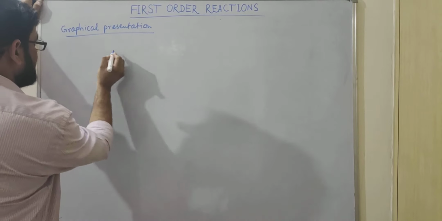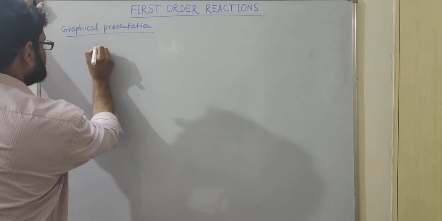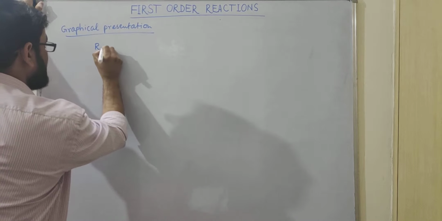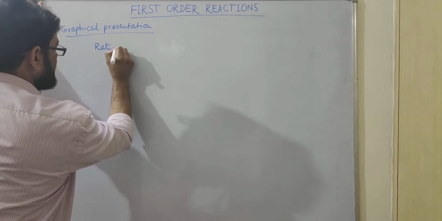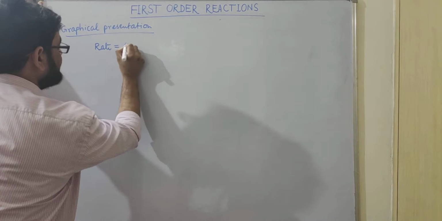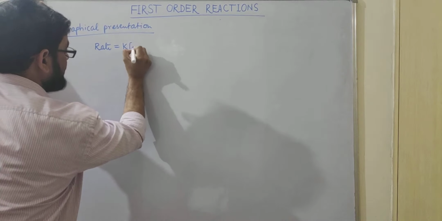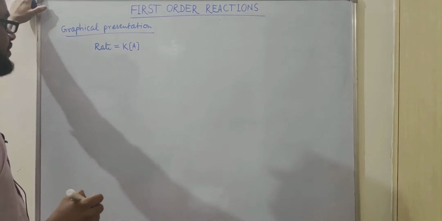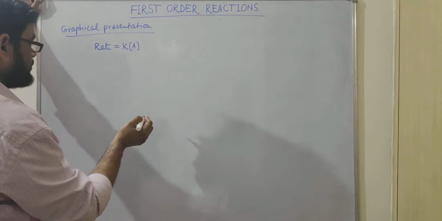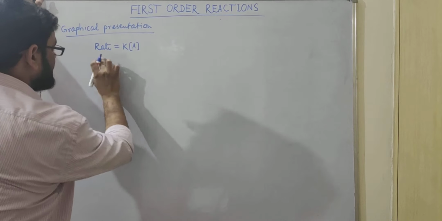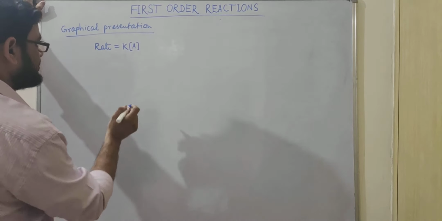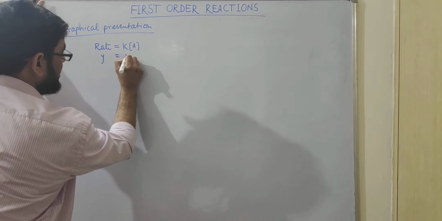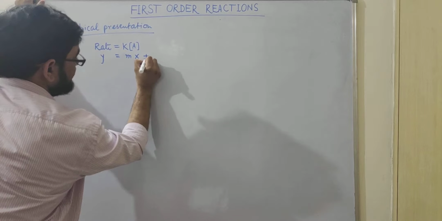So we have seen earlier that the rate of reaction R is equal to k power A. So if you compare this equation with linear line equation, y is equal to mx plus c.